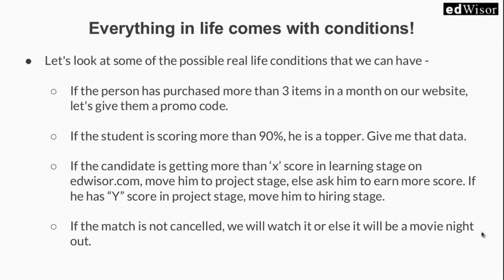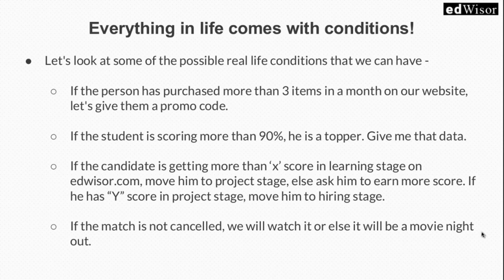Or, like we have designed Advisor.com, we have put this logic that if the candidate is getting more than X score in the learning stage on Advisor.com, move him to the project stage, else ask him to earn more score. If he has Y score in the project stage, move him to the hiring stage. So in your current learning experience also, you move according to some condition.